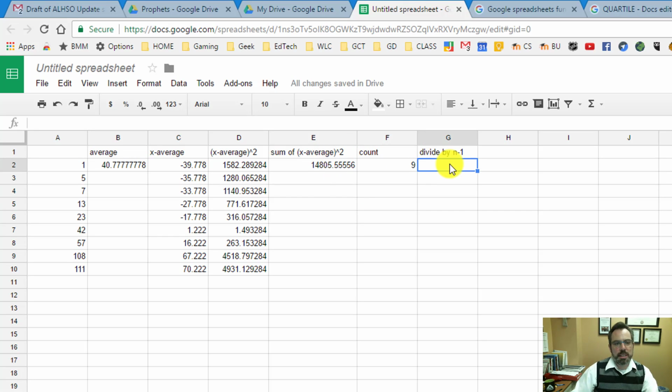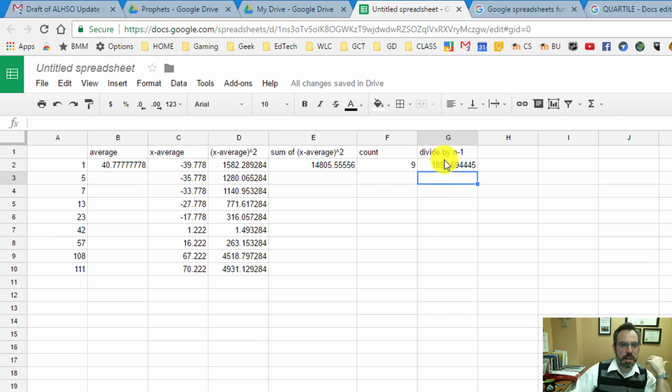So the reason I did that is so in this last one, I can divide this one by, and I'm going to put this in parentheses, 9 minus 1. Basically I do the count, so I could have just said equals 14,805 divided by 8.